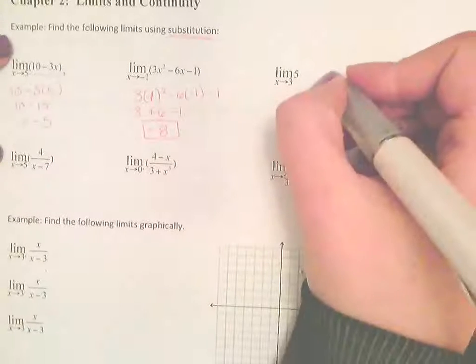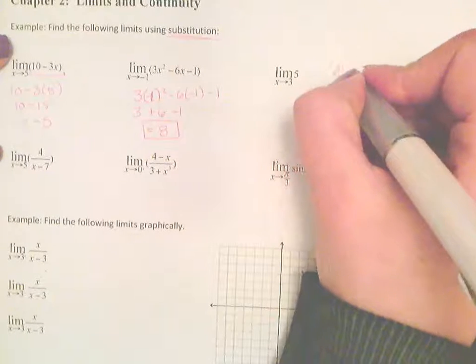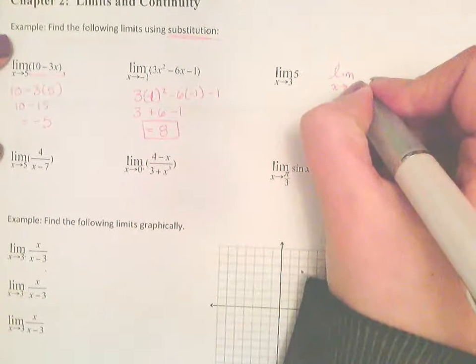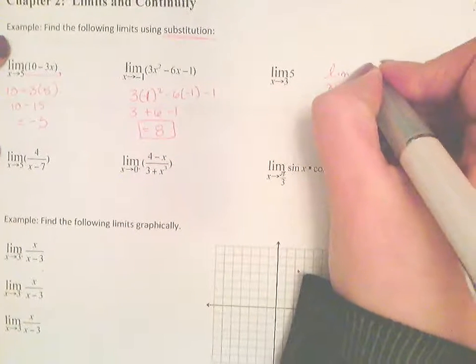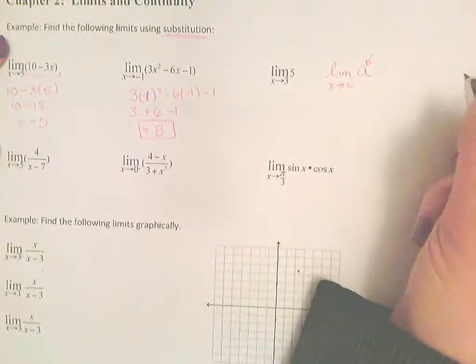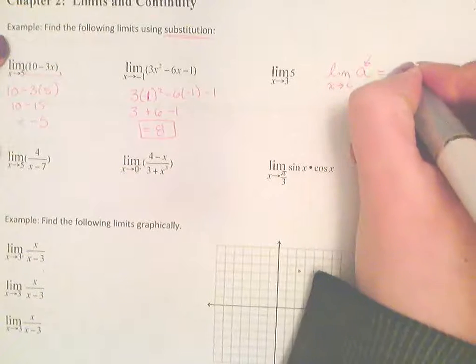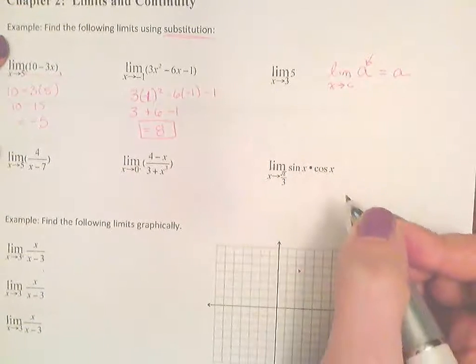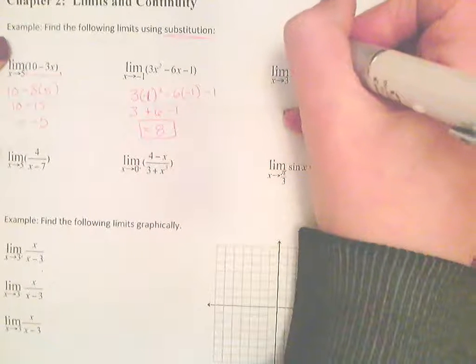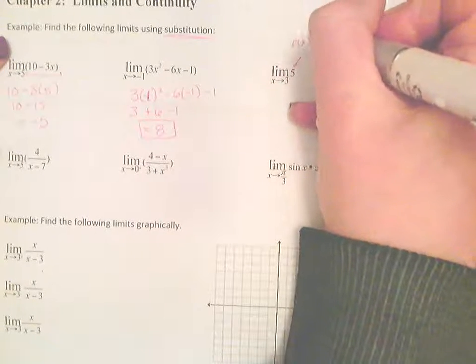Now here, there is a rule for this. It tells you the limit as x approaches c of any a, if it's just a constant a, is a. Just think of this. Remember that this is a function. This is f of x is 5.